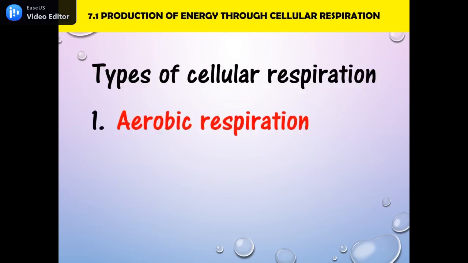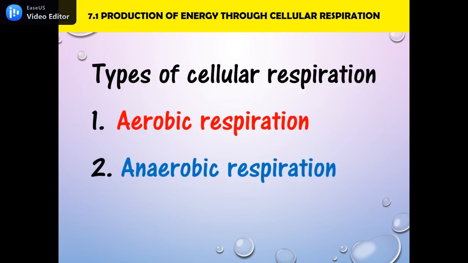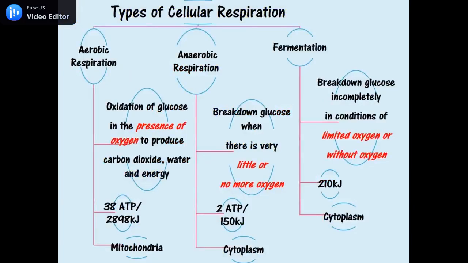Types of cellular respiration: aerobic respiration, anaerobic respiration, fermentation. First one, we look at aerobic respiration, which means oxidation of glucose in the presence of oxygen to produce carbon dioxide, water, and energy. The product is 38 ATP, equivalent to 2,898 kilojoules, in mitochondria.